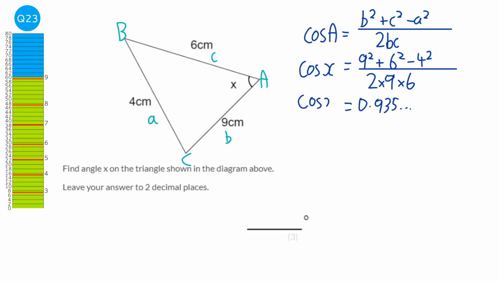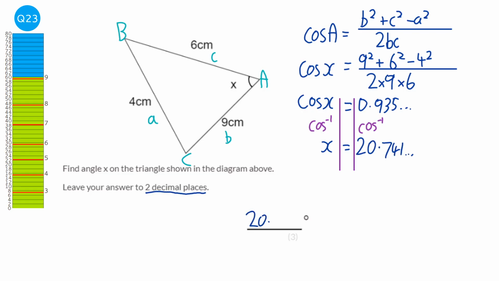But that's what cos A equals. So if we try and solve that now, all we need to do to both sides is the inverse cos. So we're just going to do the inverse cos of 0.935, etc. on the calculator, and that gives us 20.741, and so on. And it says it wants it to 2 decimal places, so that's going to be 20.74.